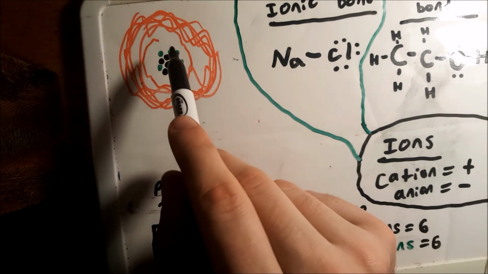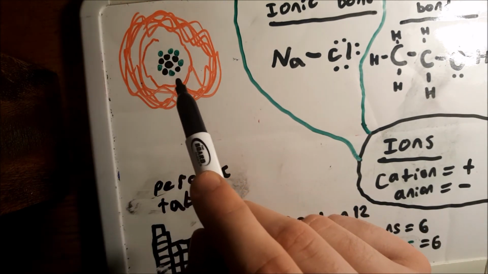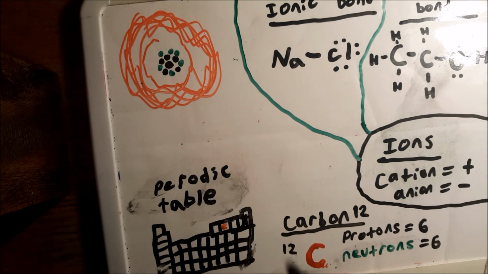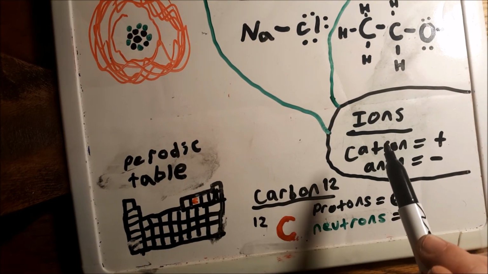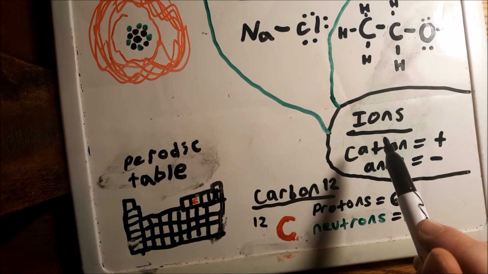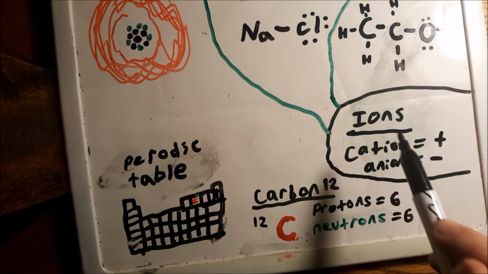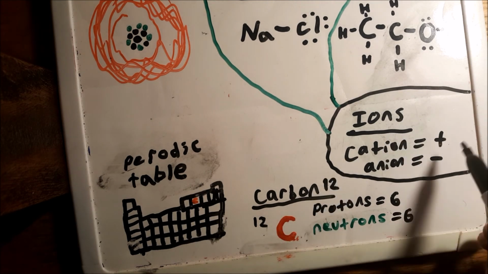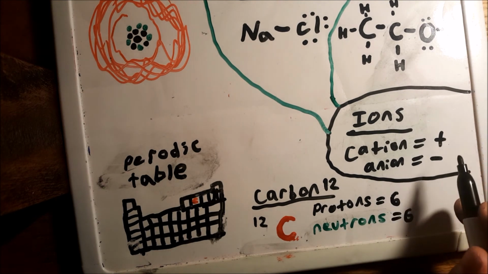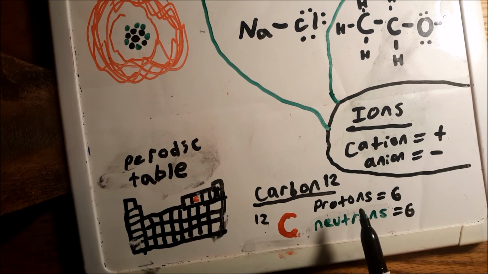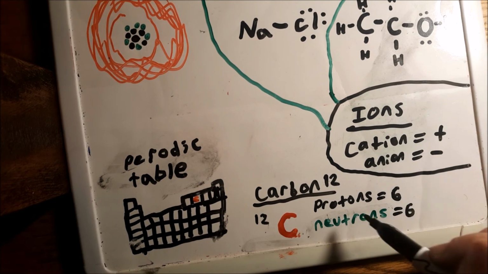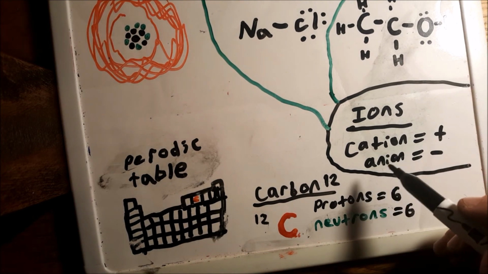Okay. The next thing I'm going to talk about is ions, I believe. There we go. An ion is an element or a compound that has a plus or minus charge. A cation has a plus charge, and an anion has a minus charge. Basically, that means that a cation has more protons than it has electrons, and an anion has more electrons than it has protons.